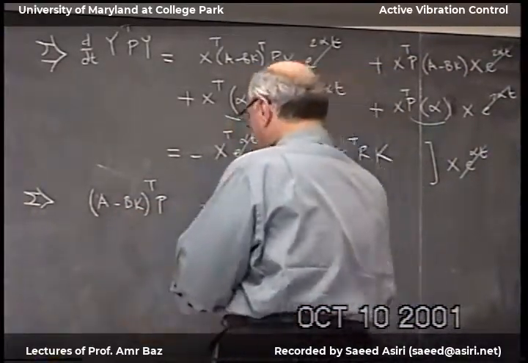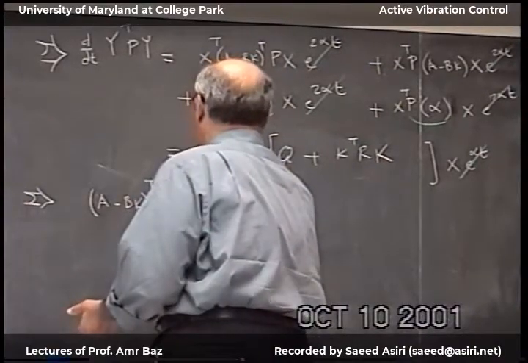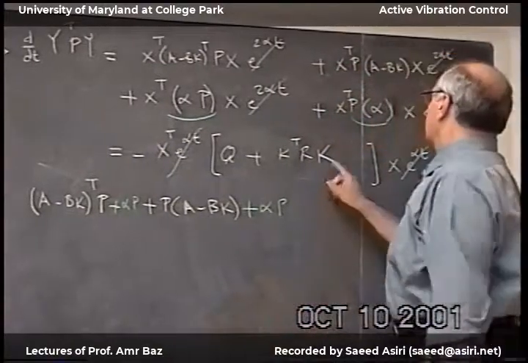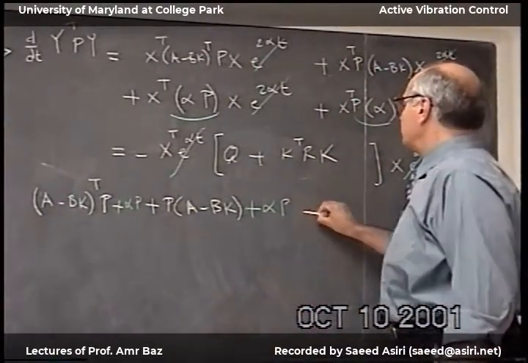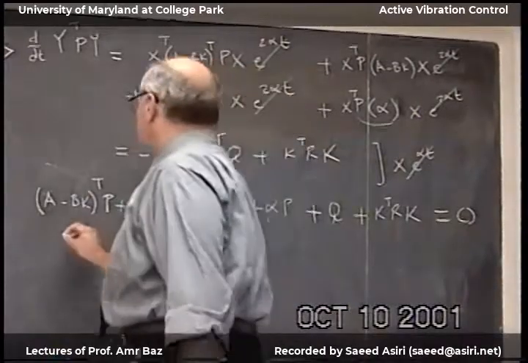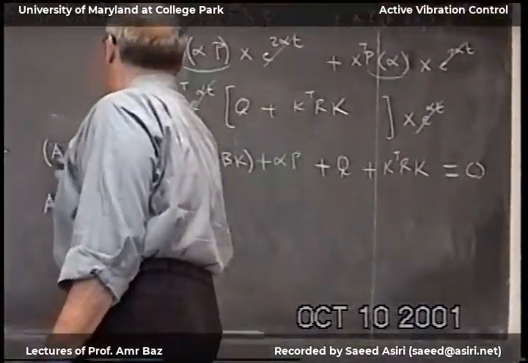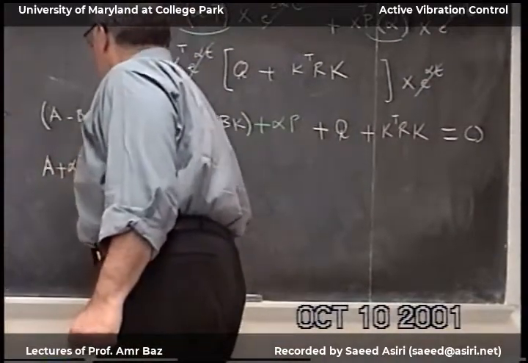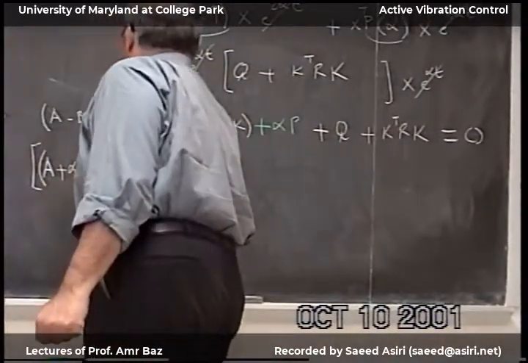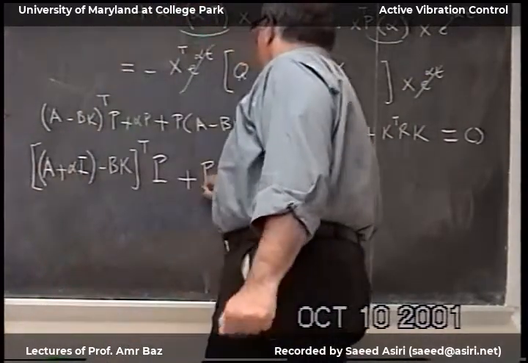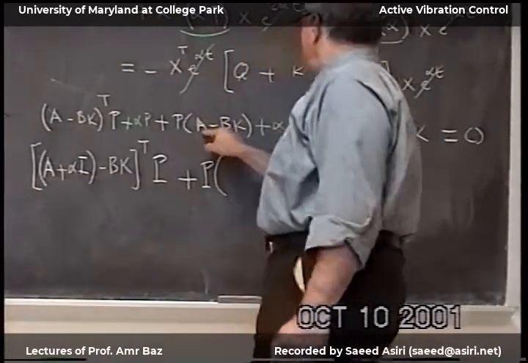So here plus alpha p, then this whole thing will equal to 0. Then you group them. So we'll have a plus the alpha I minus bk transpose on p, and then p a and alpha.